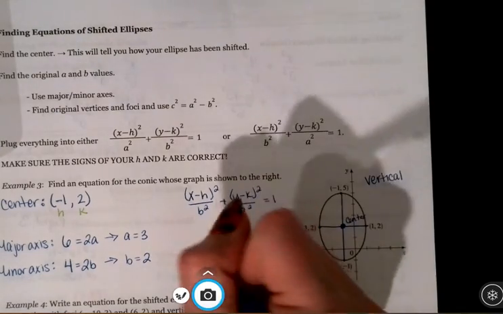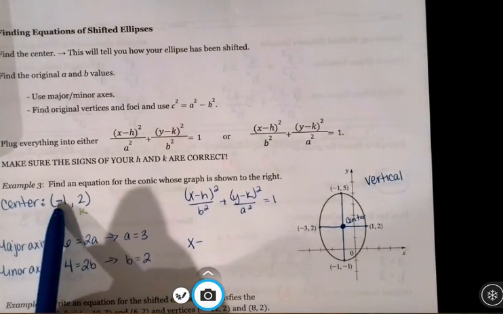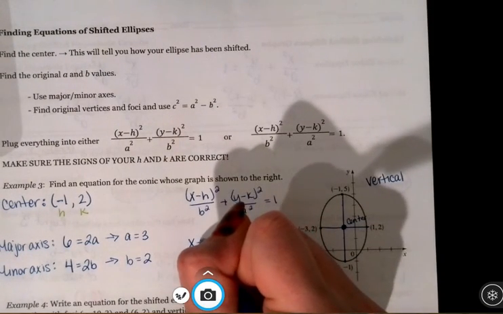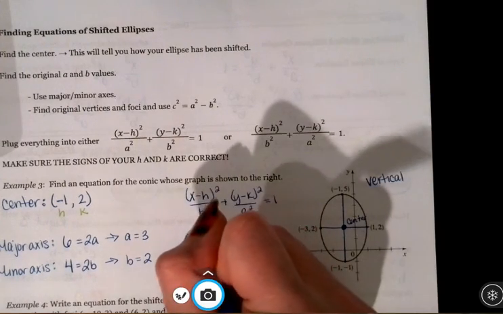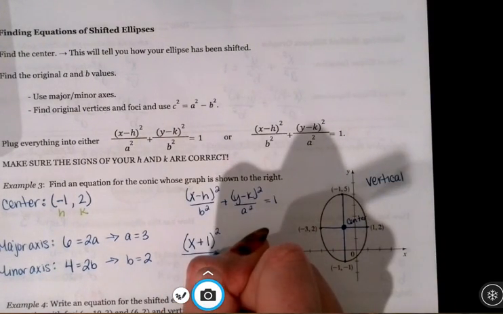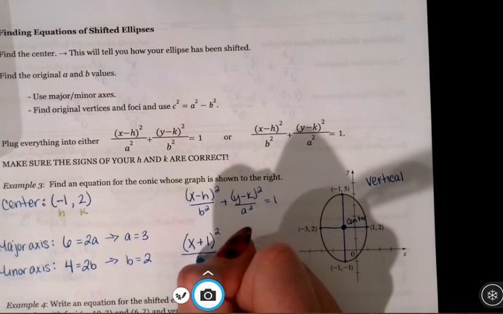So I'm going to plug in what I know. I have x minus h, so I'm subtracting a negative 1. Well, I know if I subtract a negative, it turns into a positive, so I have (x + 1) squared, all over b squared, so 2 squared, which is 4.